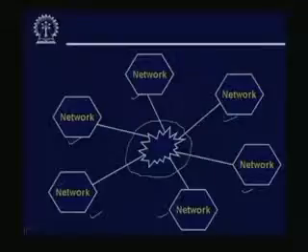The purpose of this diagram is to give you a logical picture of the Internet. There are a number of different networks which are all connected through some basic backbone network. This central portion is the central backbone network which connects all the networks together.